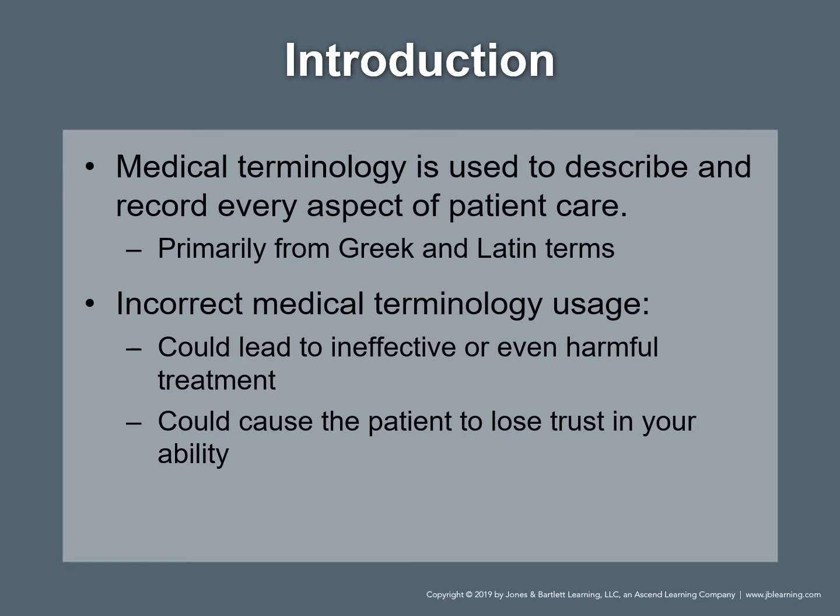Incorrect medical terminology usage could lead to ineffective or even harmful treatment of a patient. It could cause the patient to lose trust in your ability to care appropriately for him or her. Comprehension of key terms, acronyms, symbols, and abbreviations is important. That includes the breakdown of each word into its separate components: the prefix, the suffix, and the root.